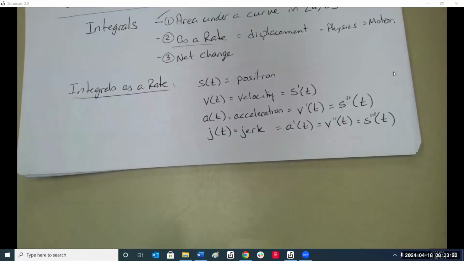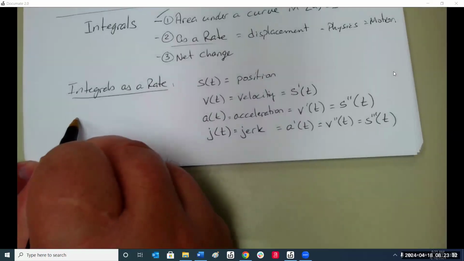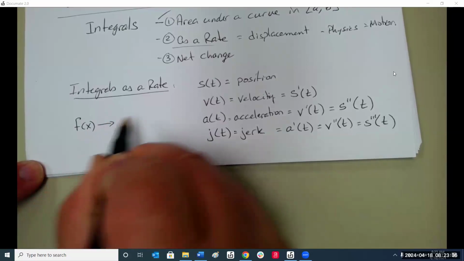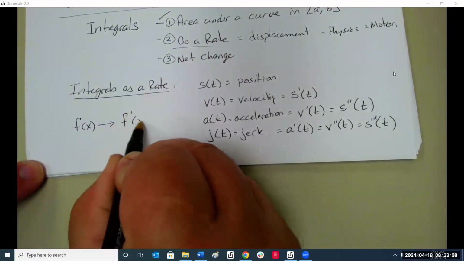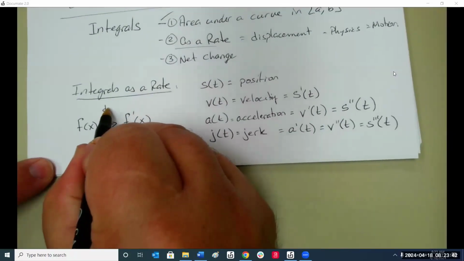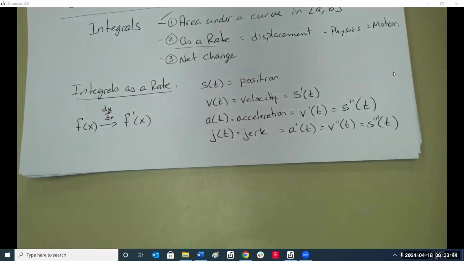Now, how do derivatives and integrals relate to each other? We start off with a function, we take a derivative, we get f prime. We take a dy dx. That's a derivative.